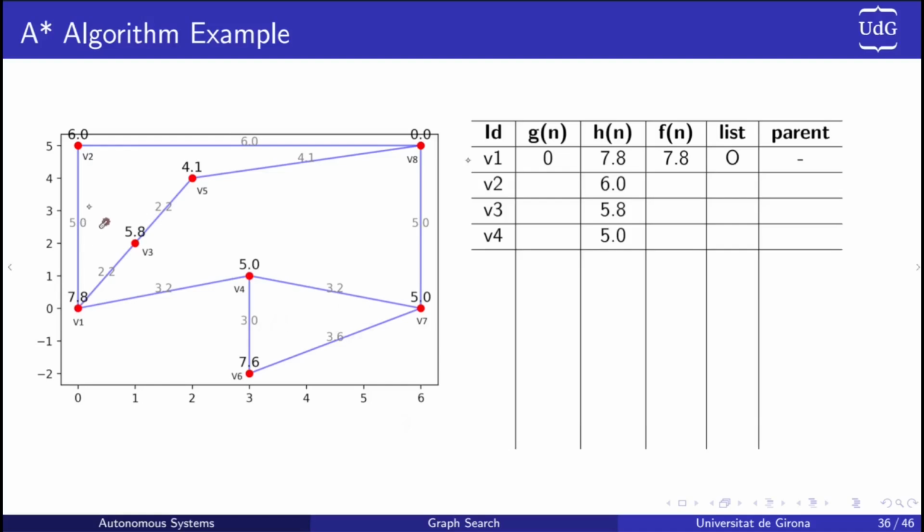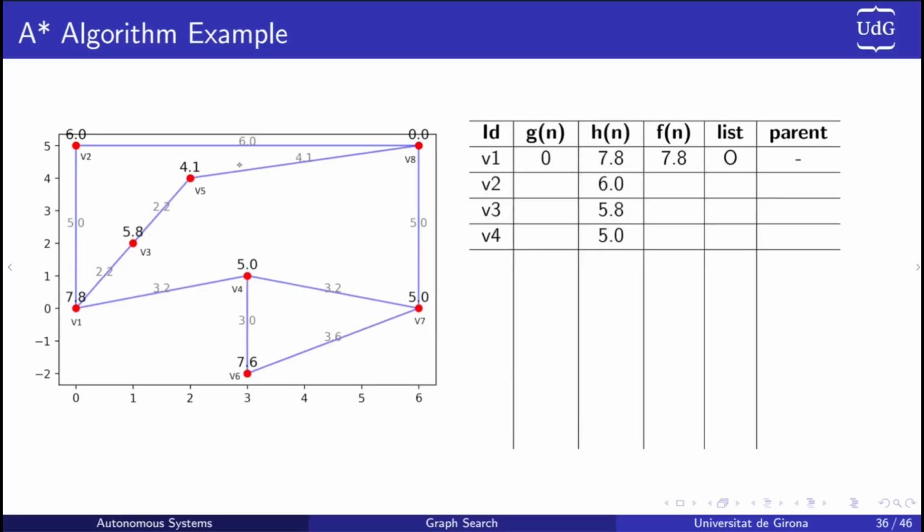But I need also the cost for each specific edge, and I put the cost here. I need the two things. Remember, in Dijkstra we only need the cost for each edge, and in the greedy search I only need the heuristics. Now I need both of them.